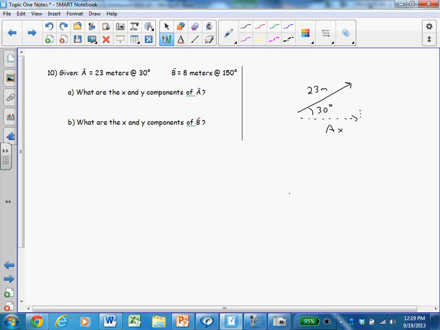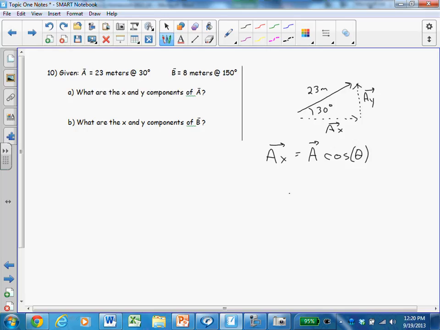And then AY is like that, okay? So those are vectors, so they have arrows on them. Well, sometimes they're left off, but it's all right. So what was my formula to find AX? It has a cosine in it. Okay? Now there's no cosine.